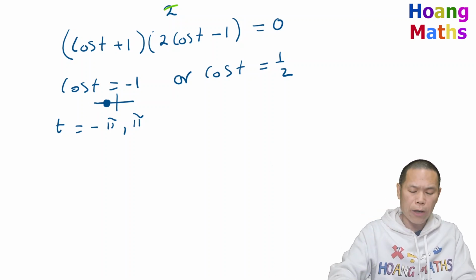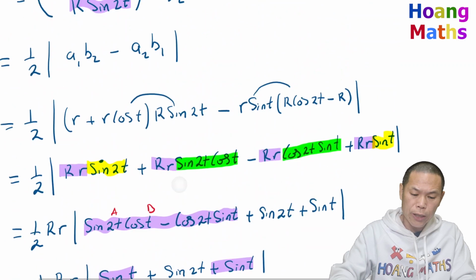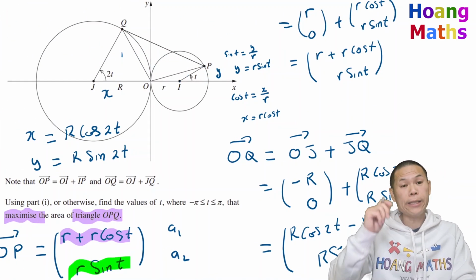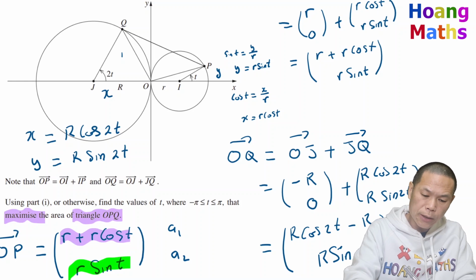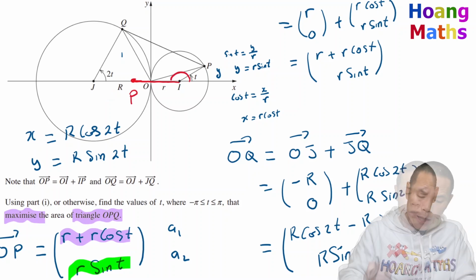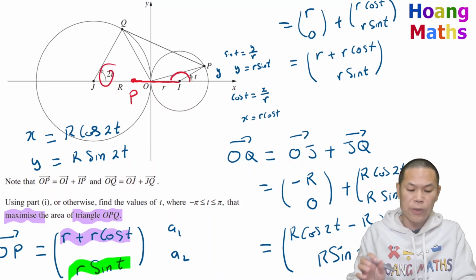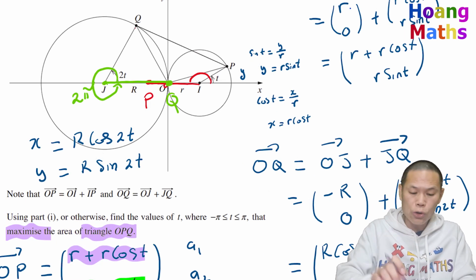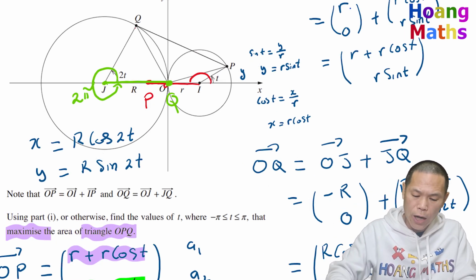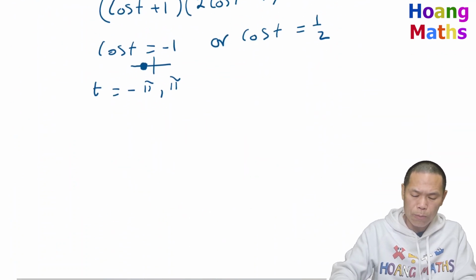But if you think about it, in this triangle here, when t is equal to pi, P is on the x-axis somewhere there, because from here to here is pi, and then this angle here is 2 times t. So t is pi, so that means 2 pi. And they're all on the same line, so we cannot have t equal pi or negative pi.